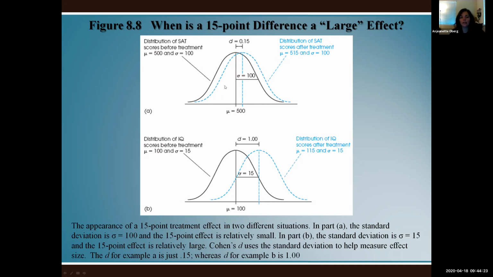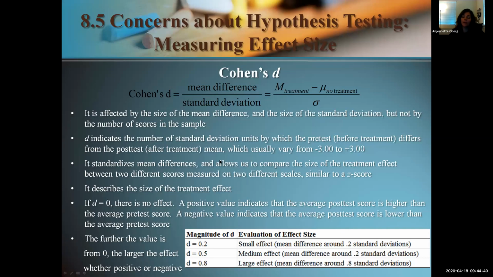Right now, our only effect size option is Cohen's d. Cohen's d tells us the number of standard deviations that our treatment effect is changing our outcome. And the bigger the d, the better. So the larger the d, the greater the magnitude of our treatment effect, okay? So here's your Cohen's d formula.